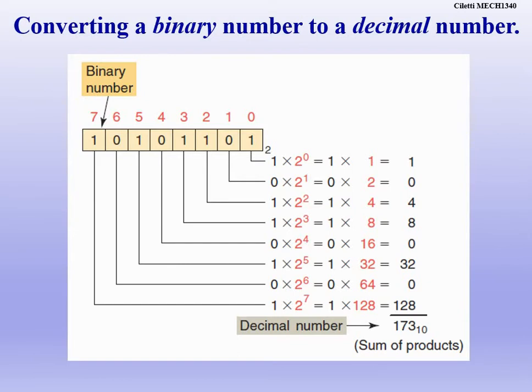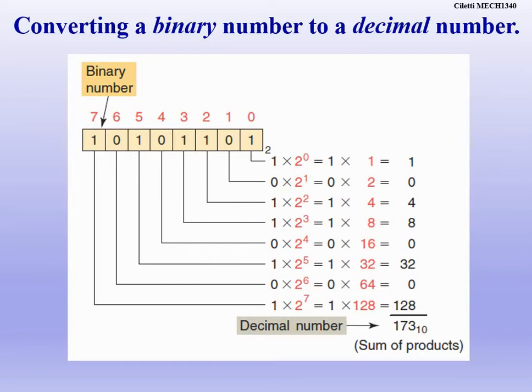Eventually when you get good at this, you can ignore the zeros. But in the next case, we take 0 times 2 to the 1st. 2 to the 1st is 2, and 0 times 2 is 0. Then we have 1 times 2 squared, so 1 times 4, which is 4. Then 1 times 2 cubed, so 1 times 8, which is 8.